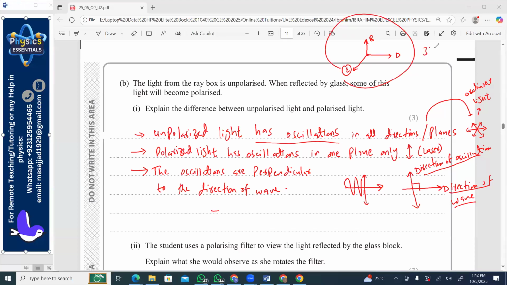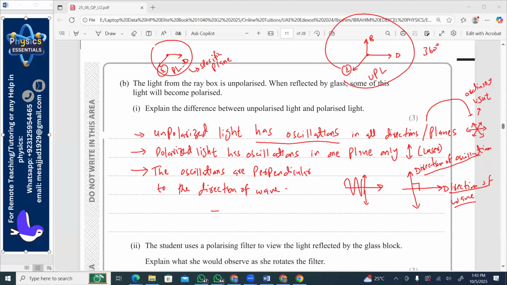It's like spreading out in 360, and that is for unpolarized light. But when we polarize it, we have the direction and the electric field there still, but now the electric field is not moving in 360, it is only traveling in a specific plane. Just remember this. That is the difference between the polarized light and the unpolarized light. PL means polarized light and UPL means unpolarized light.